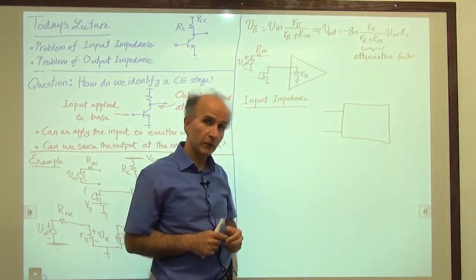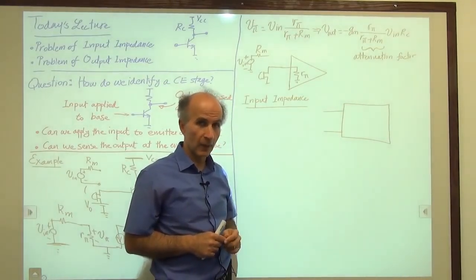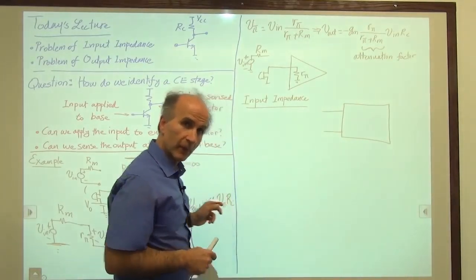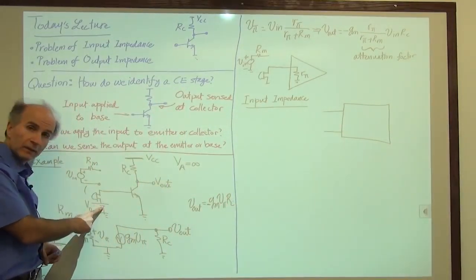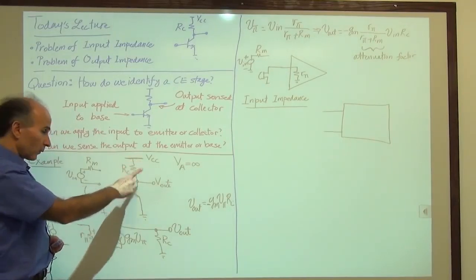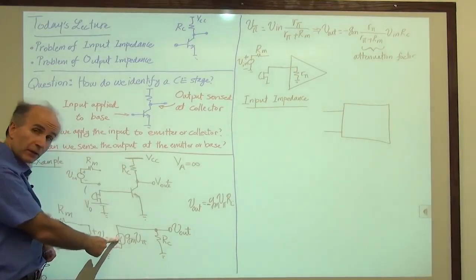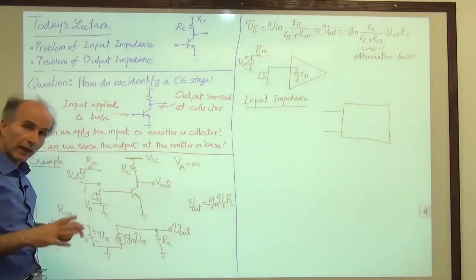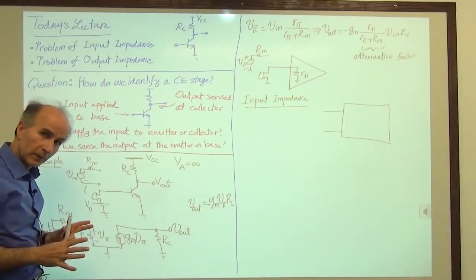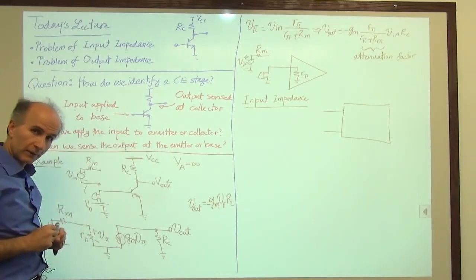Now, how do we exactly do that? We have to be careful because we have lots of devices here. If you look at the original circuit, you have a battery here, a battery here. We have a voltage-dependent current source here. And then, of course, we have a resistor, etc. So how do we calculate the input impedance without any confusion?